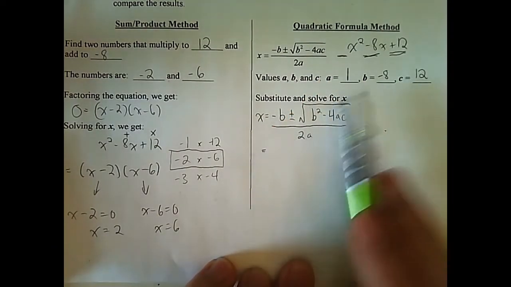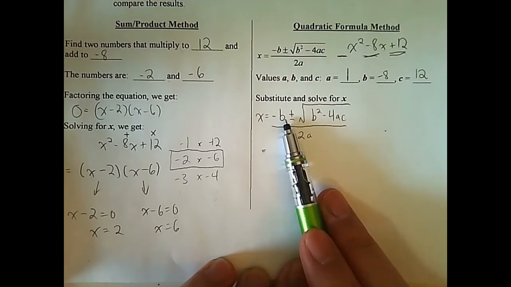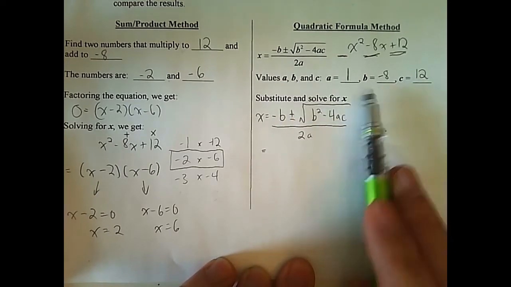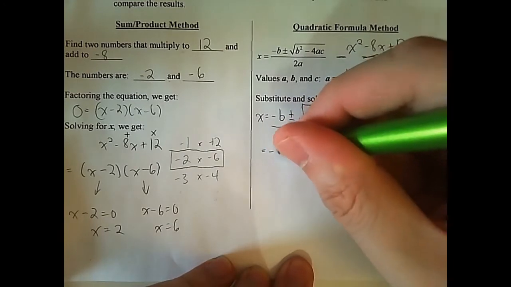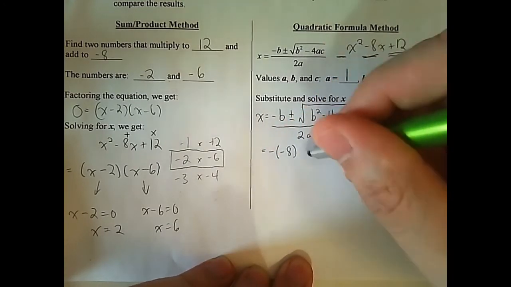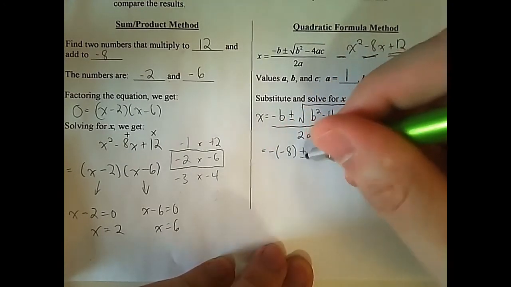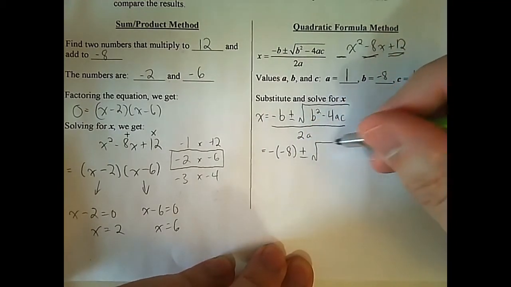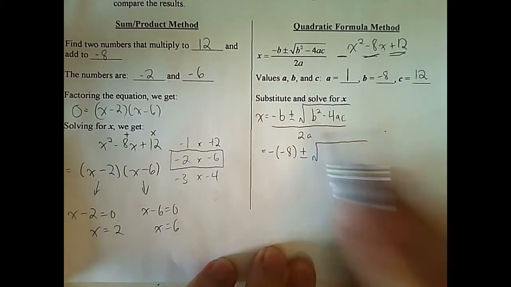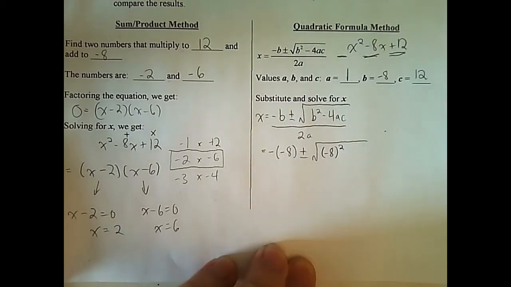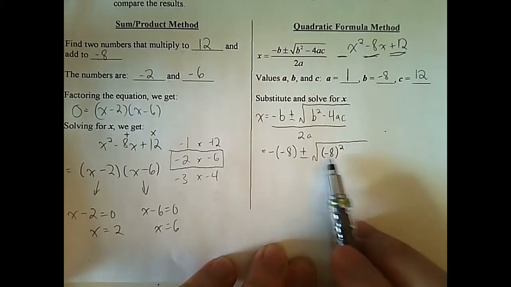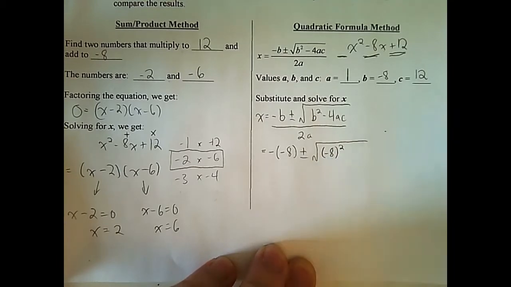So one trick here is that we have negative b in our equation, and we have negative 8. So I'm still going to substitute the b with negative 8. So we're going to get negative 8 plus or minus the square root of, well, b we said is negative 8, so negative 8 squared in brackets, because the exponent applies to the negative 8, not just 8.